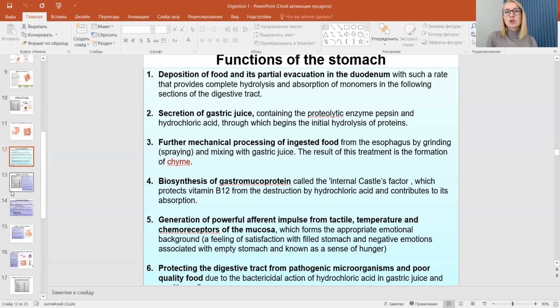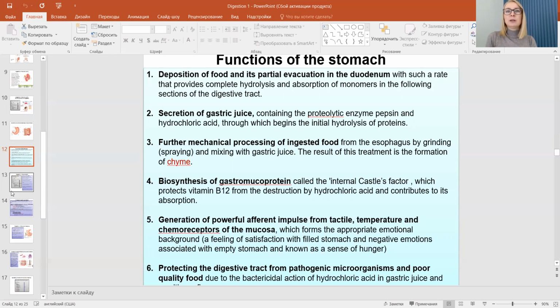Second, the stomach secretes hydrochloric acid and enzymes that begin protein digestion. Third, through the stomach's mixing movements, the ingested food is pulverized and mixed with the gastric secretions to produce a thick liquid mixture known as chyme.